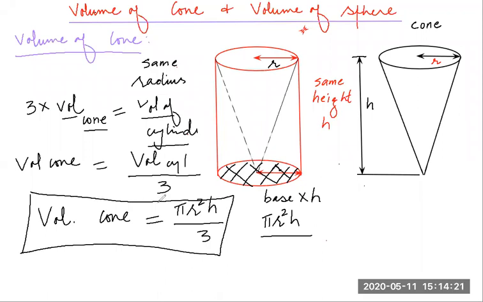Now comes the next thing: the volume of a what? Volume of a sphere. Now guys, you see that I've got a sphere, this is the center of the sphere, and the radius is nothing but r. Initially I was talking about the surface area of the sphere.